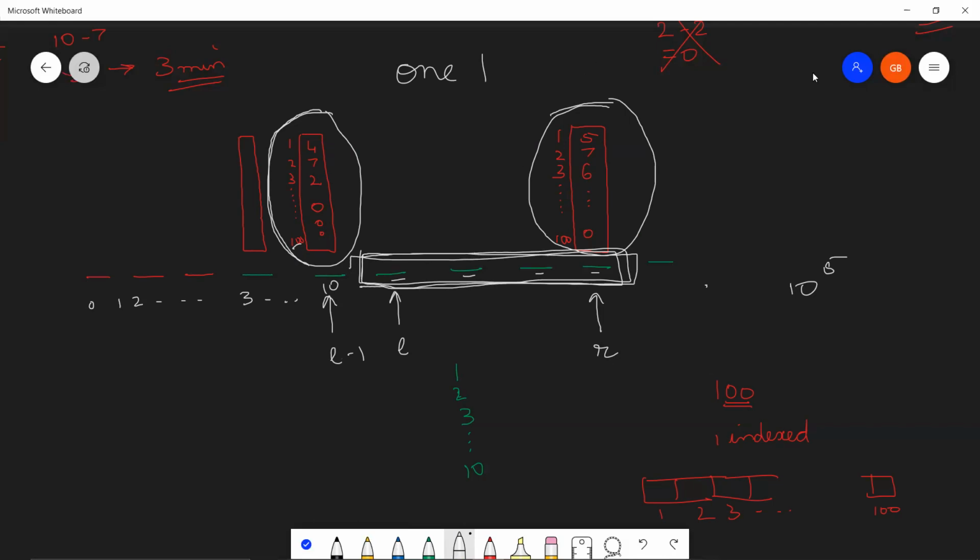Let's understand that. To explain that, I'll probably have to draw the final array that we're getting by subtracting these two. This subtracted array, its size will also be 100 itself, right? So I'm not going to draw a 100 size array over here. I'm just going to draw the useful numbers that I need. 5 minus 4 is giving me 1 frequency. 7 minus 7 is giving me 0 frequency. 6 minus 2 is giving me 4 frequency.